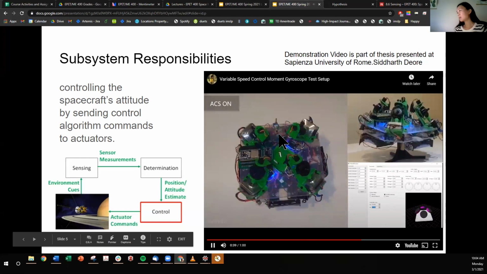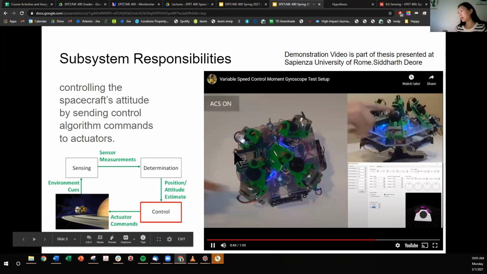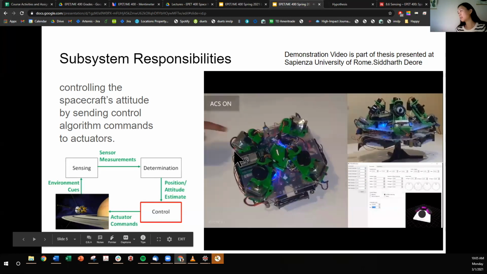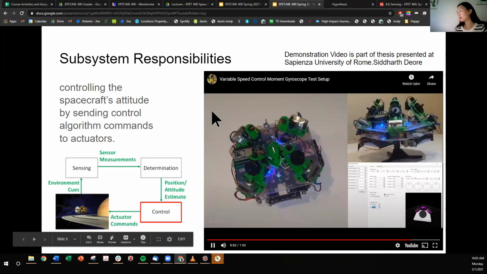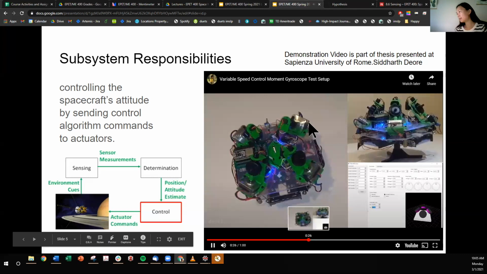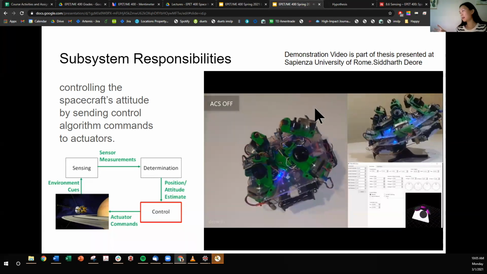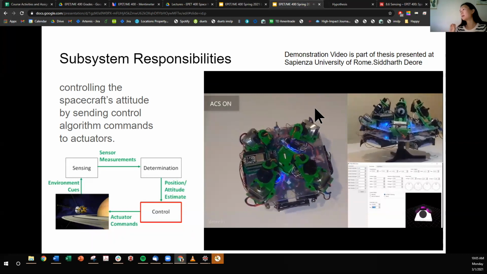So the ACS, while it was off, you saw that with a disturbance, the system would oscillate and then dampen out naturally based off of the friction of the system. But when you have the clever control, or ACS, on, then the spacecraft would oscillate and bring itself to an equilibrium much faster.